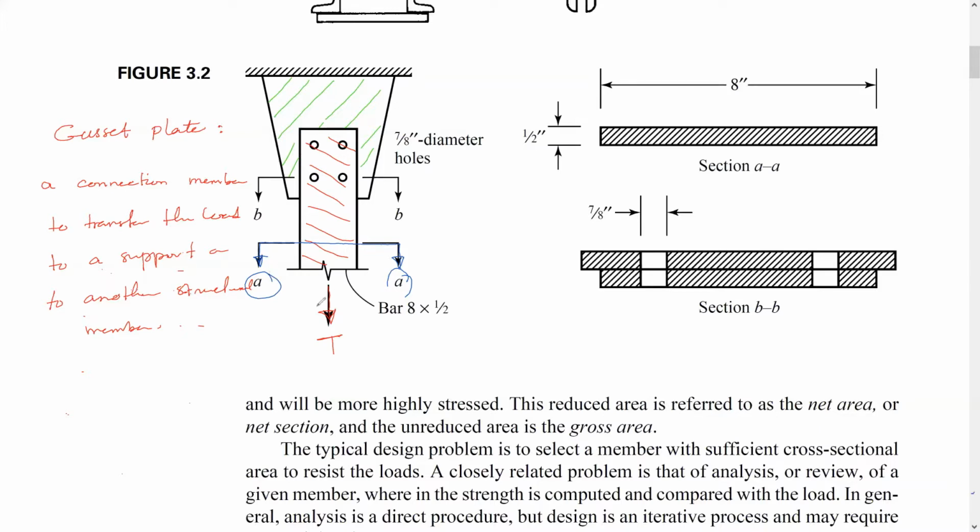If you take a section here, you can look at it from down here. So this is section AA. This is the 8 inch, and why is it 8 inch? Because it's mentioned here: this is a bar 8 by 1/2.